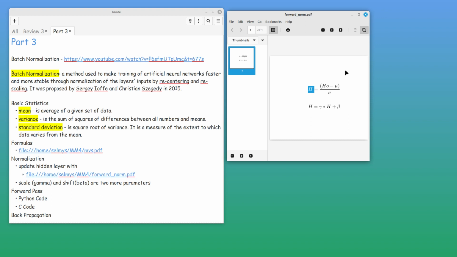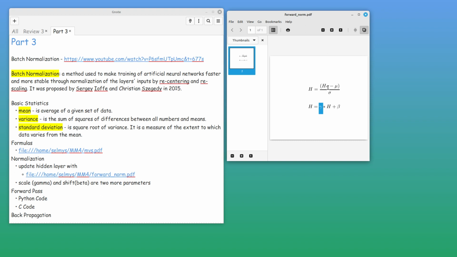It looks fairly simple to do this operation, and I guess it sort of is. But the second part of the normalization is to introduce two other parameters. This gamma parameter here is basically used as a gain, to increase the gain of the normalized layer, I guess you could say.